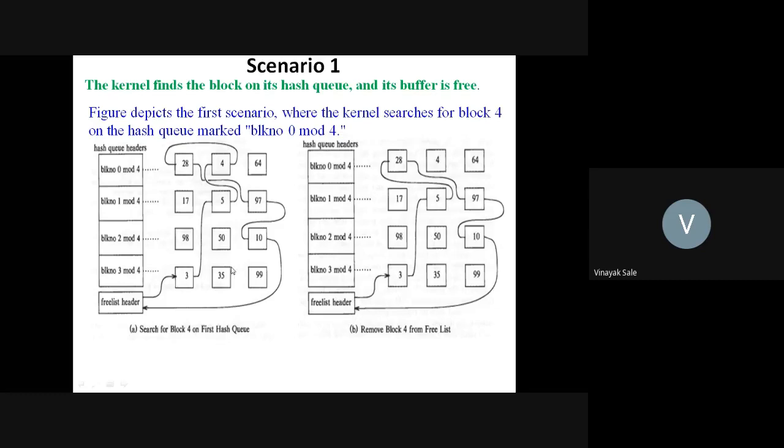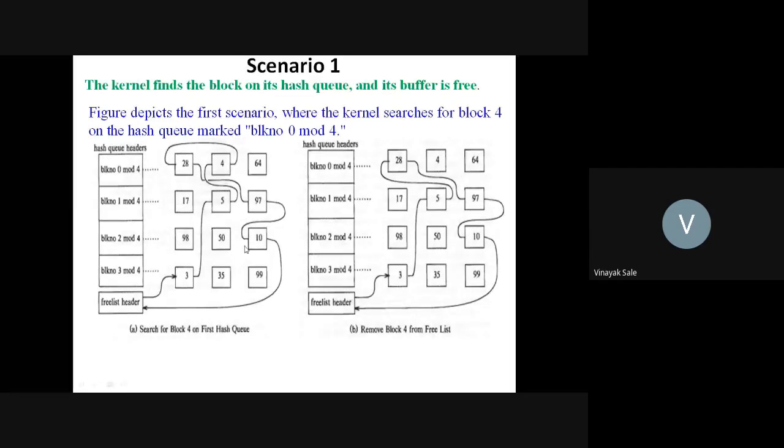See figure A. Figure A contains the free list as buffer 3, then 5, then 4, then 28. If the kernel searches for the particular buffer number 4, it will be removed from that free list. In figure B, the free list contains 3, 5, then 28, then 97, 10.